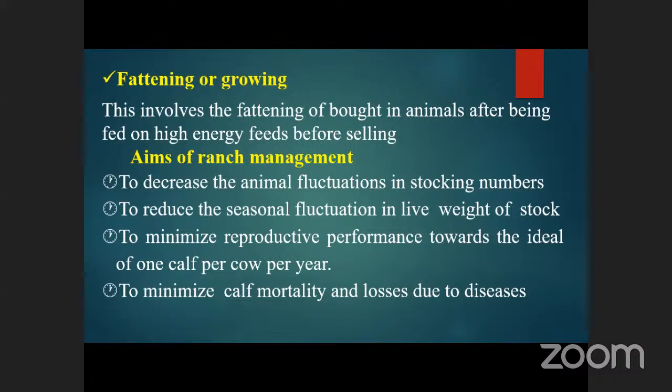Number 2 says to reduce the seasonal fluctuation in live weight of stock. The amount of meat supply should keep on increasing, because live weight is the amount of meat itself. If the supply of meat reduces, the prices are going to become high.